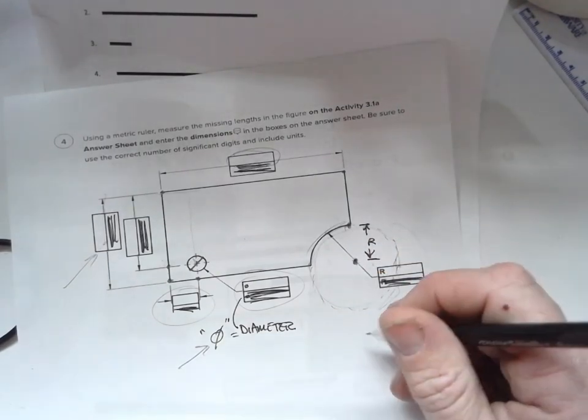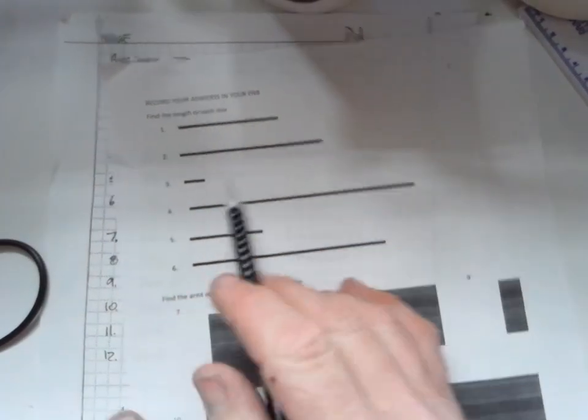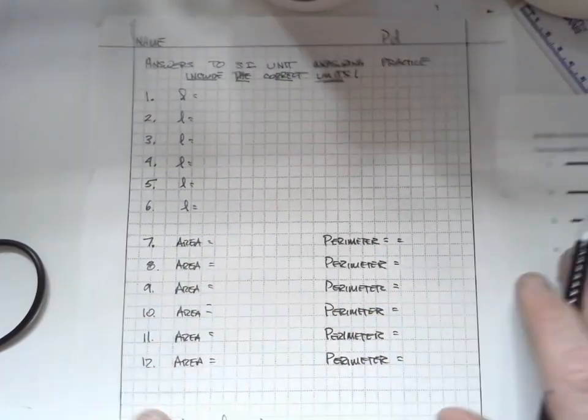Make sure you put your units, and then when you're done with that, you are going to bring it to your teacher and turn it in. You are then going to begin on the last part of today's work, which is measuring each of these lengths in centimeters and finding the area and perimeter of each of these rectangles. Your answers, listen carefully, go on this paper.